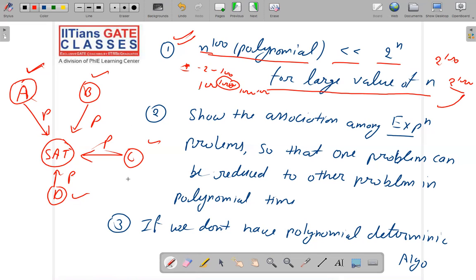Right now, each researcher is focusing on solving this SAT, satisfiability problem, and trying to reduce its complexity from exponential to polynomial. There are so many approaches, like approximation algorithms, some linear approximation.